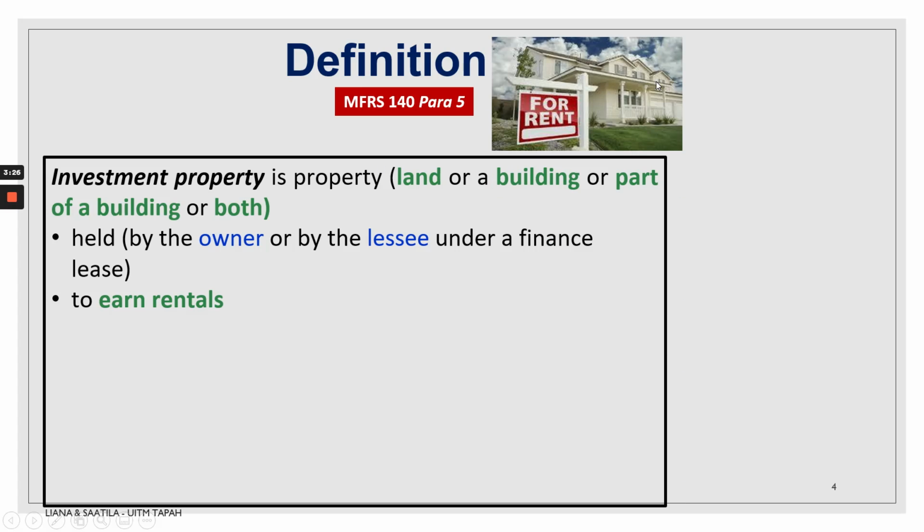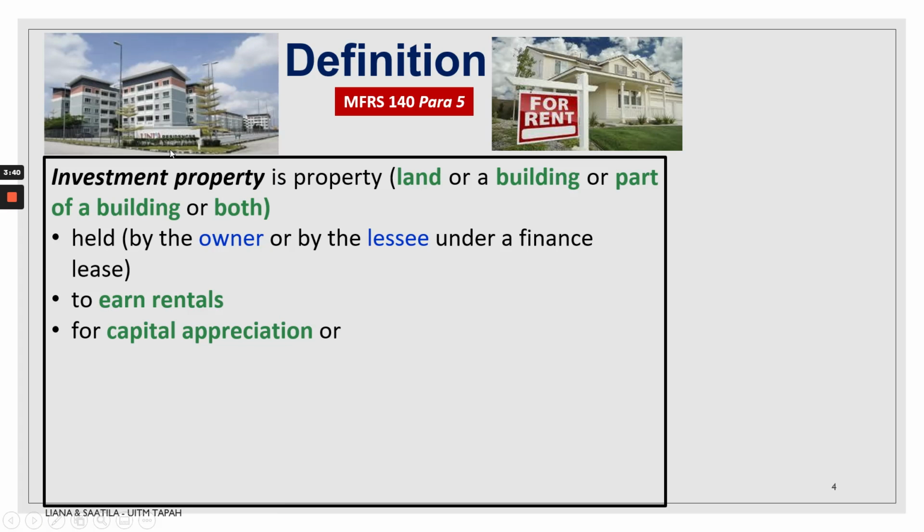For example, this house is built and completed and later advertised to get people to rent it. The second one is for capital appreciation. So you may have invested in this apartment, and you do not go and stay in there, but you are waiting for the price to rise, and you have that speculative motive where you are expecting an increase in the value from time to time.